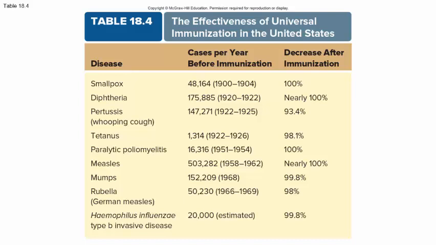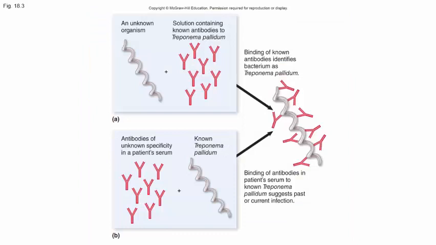Now we're going to go into immunological testing. And this is where it gets interesting, because again, this is another aspect of immunity, immunological principles, etc. Immunological testing takes advantage of the specificity of the antibody-antigen interactions in diagnosis. Well, it's very simple. Think about this.